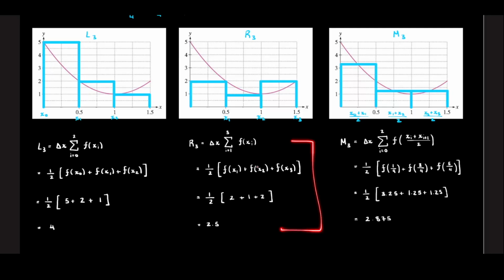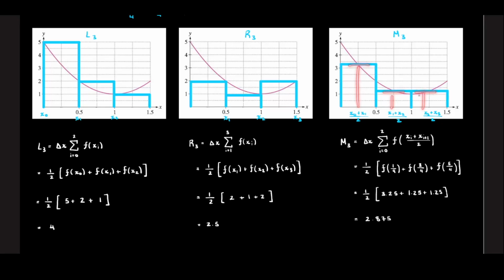For this calculation, just go ahead and look at the picture and find the area of each rectangle and just add them up. You'll get 2.5. Or in terms of the formula I gave you, it's going to be the width of each rectangle multiplied by the sum of function values evaluated at the right endpoints. And so you get 2.5. And similarly for the midpoint approximation, you can just find the area of each rectangle. Each has a width of 1/2, and the height of each rectangle is given by the function value at the midpoint of each subinterval.